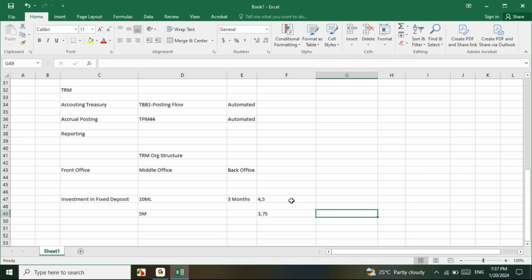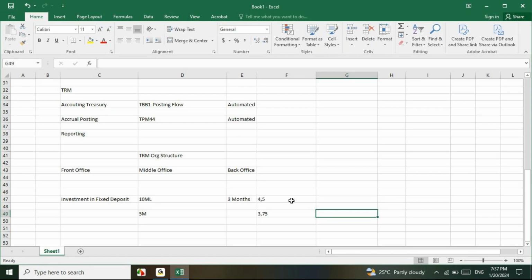Let's say they can buy some kind of rating from the credit rating agencies, and based on that, they will increase or decrease the investment. Let's say if they find a particular bank, even though it is giving a high rate of interest, has a rating that is not good.